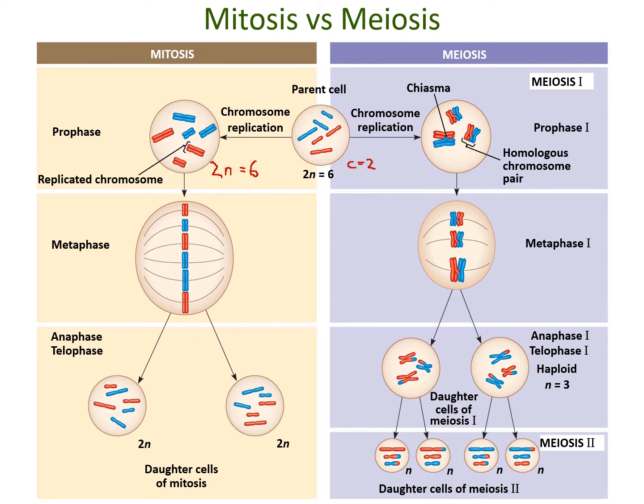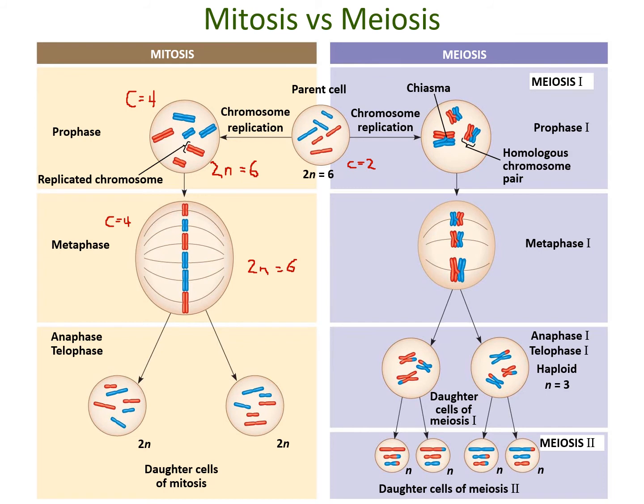The next cell here, after going through the S phase, is 2n equals 6 still, but it's C equals 4. Okay. Now these chromosomes are going to line up along the metaphase plate, and nothing's going to change. We still have 2 sets of information contained in 6 chromosomes, and our C value is still 4.